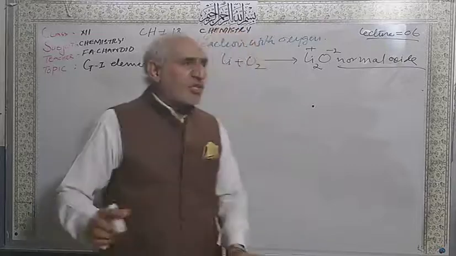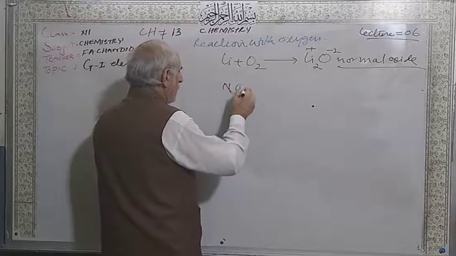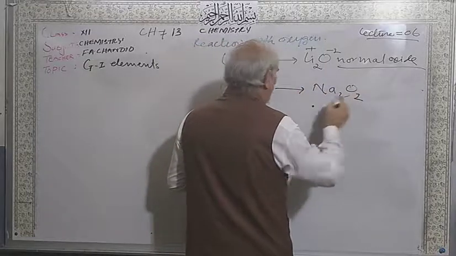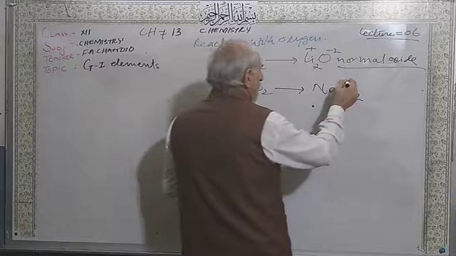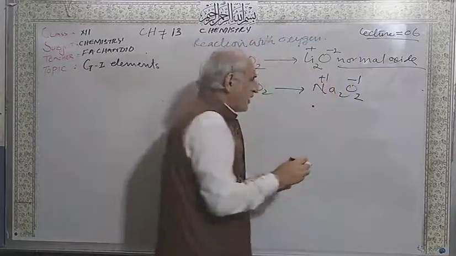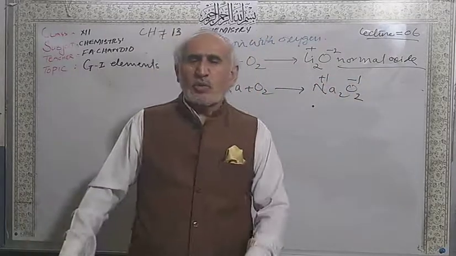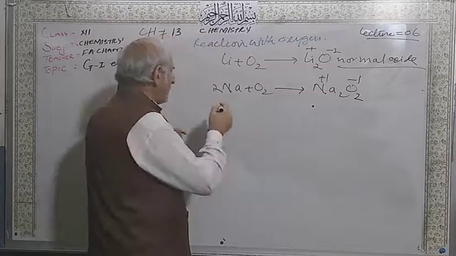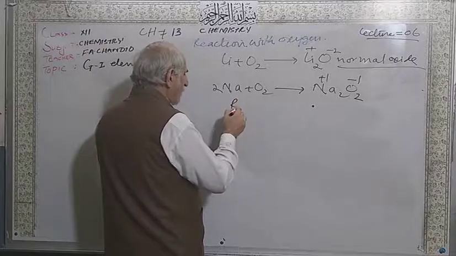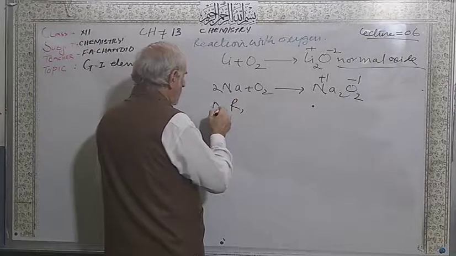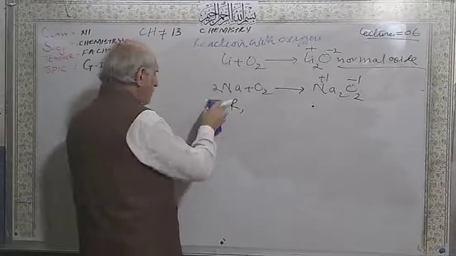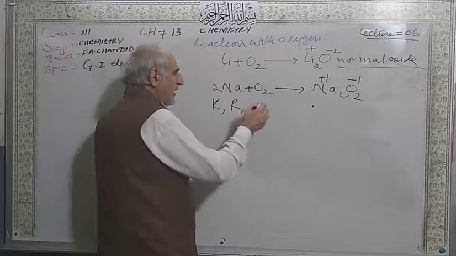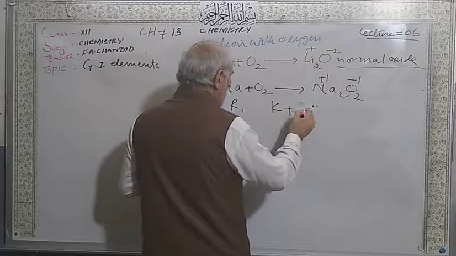Sodium forms peroxide. In the peroxide, the oxidation number of oxygen is -1. Other alkali metals, potassium and rubidium, form superoxides.